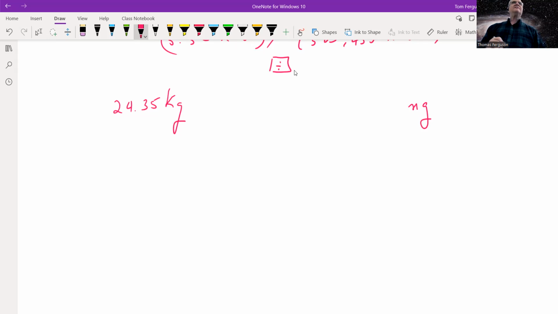Now, NG stands for nanograms. Nanograms is a billionth of a gram. So the first step is to get to grams.